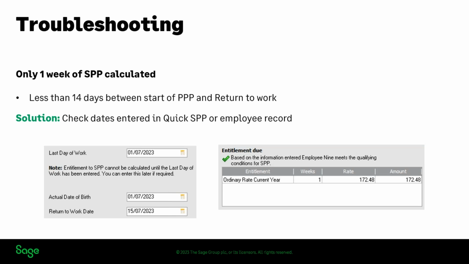So it seems like there should be 14 days between those dates. However, both of those days are working days. So the way that this is recorded, you've got the 2nd of July up to the 14th of July, which is only 13 days of leave. And that is why only 1 week is being calculated.